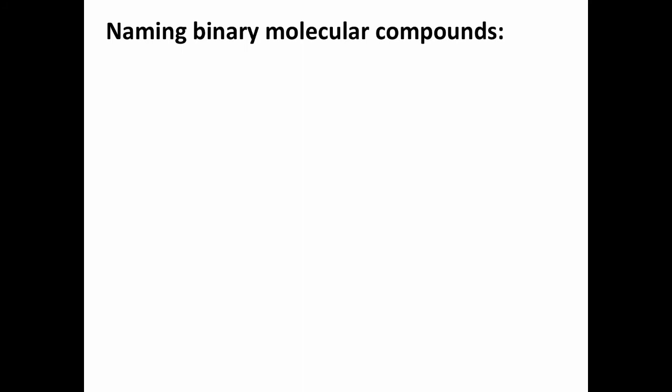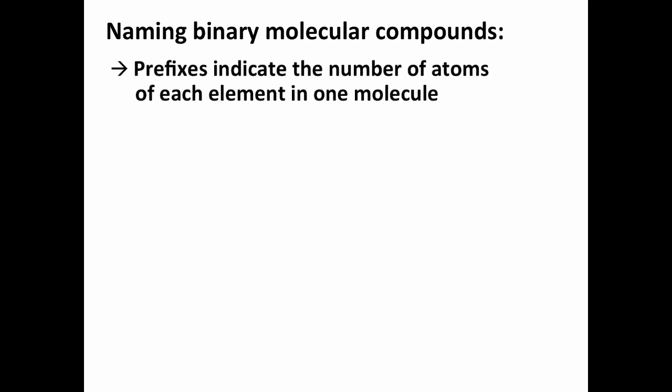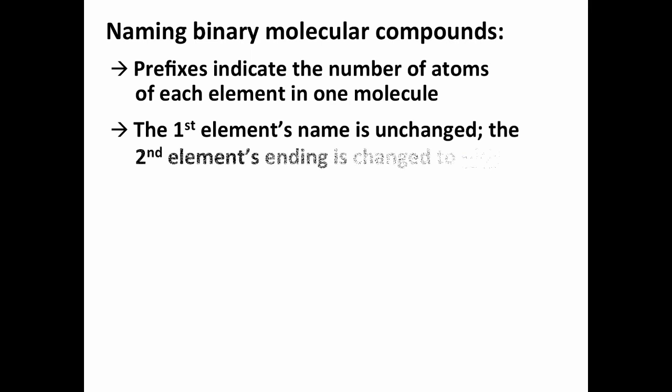But if we're dealing with reasonably simple compounds, called binary molecular compounds, made up of just two elements, we have some reasonably simple naming rules. We use prefixes to indicate the number of atoms of each element in the molecule, and the first element's name we leave the same, and the second element's name we change its ending to ide.